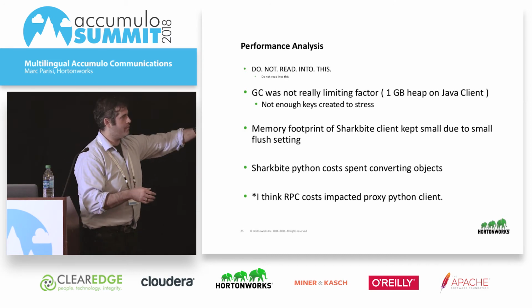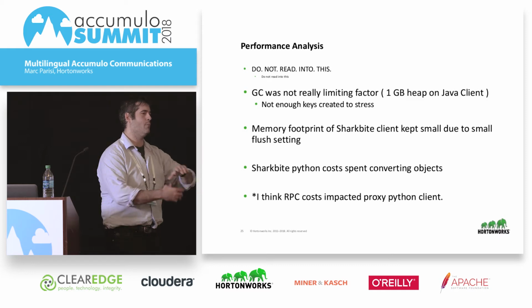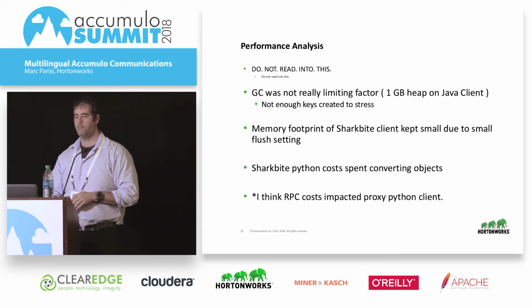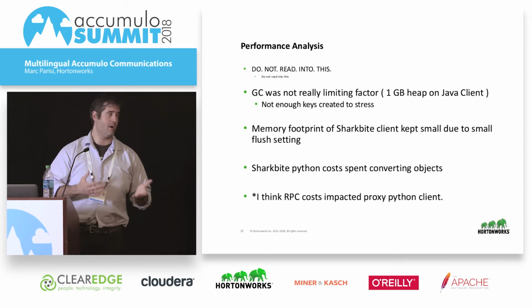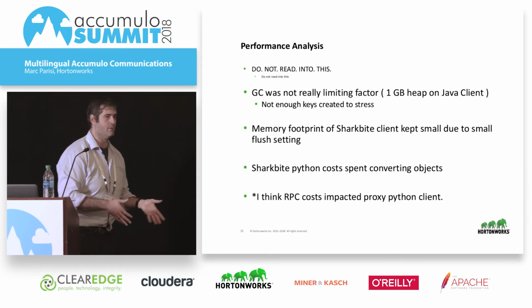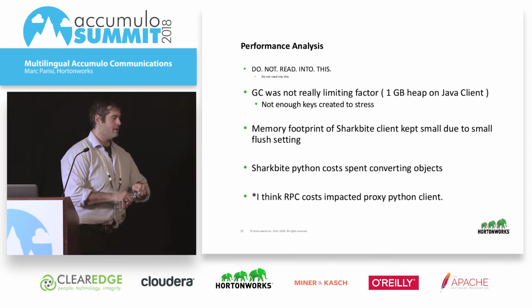We could certainly up the memory footprint of that Sharkbite client, changing how we're flushing data and how much data we're keeping in memory. But I didn't spend a great deal of time attempting to modify that because I could get adequate performance numbers by simply running a generic client with no changes whatsoever. Most of that cost was spent converting objects.